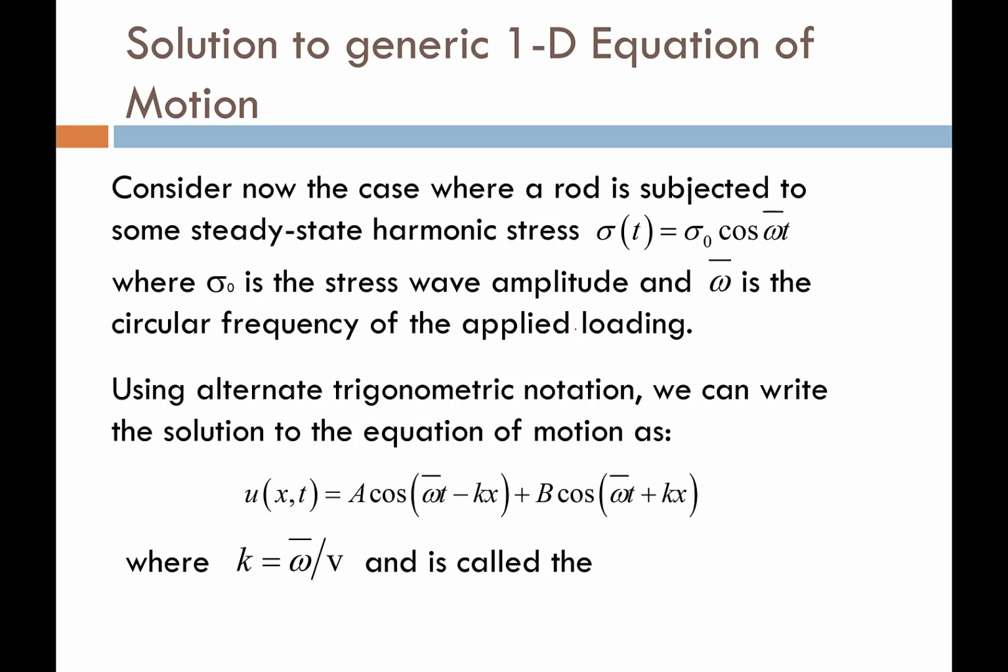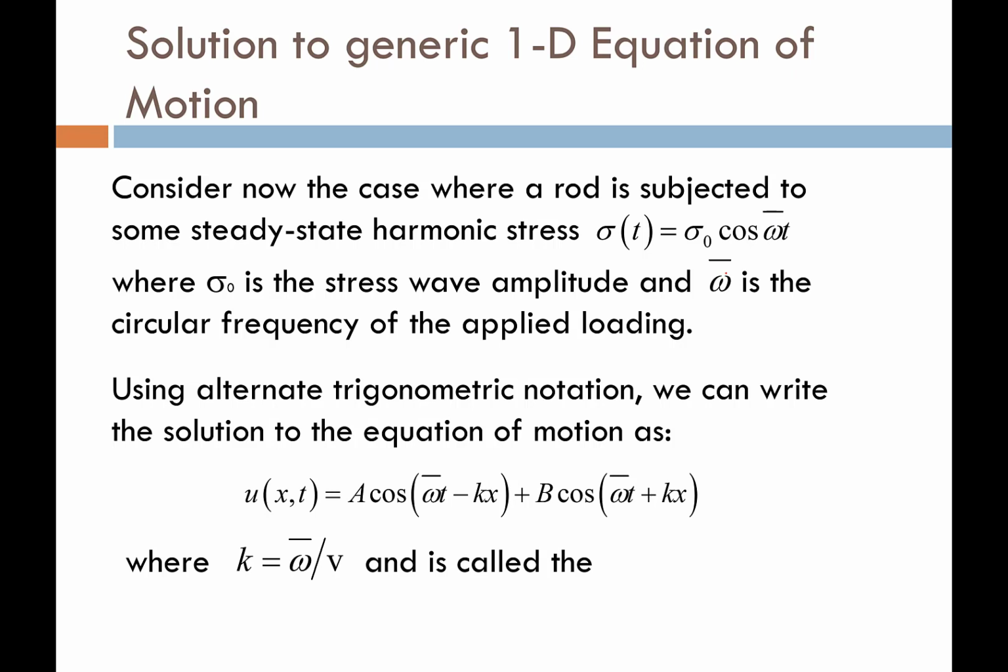And so the stress coming from those waves is a function of time. And that function of time is simply equal to my initial stress. So every time I hit it or every time I torque it, that's the stress that I'm putting into the rod. That's my initial stress.